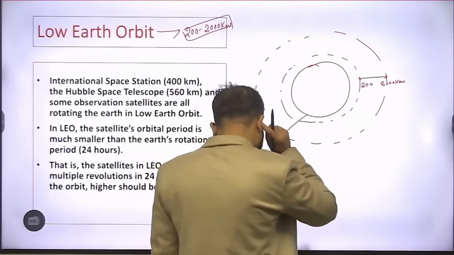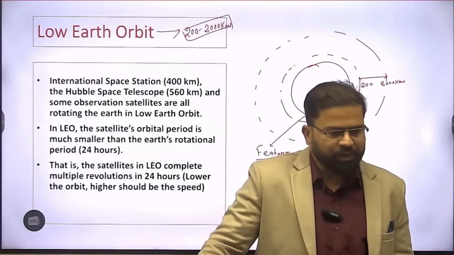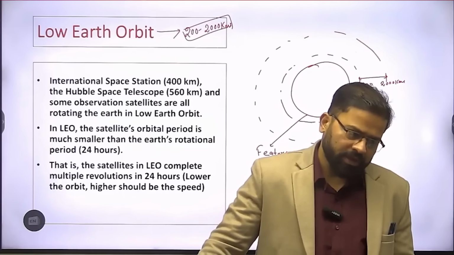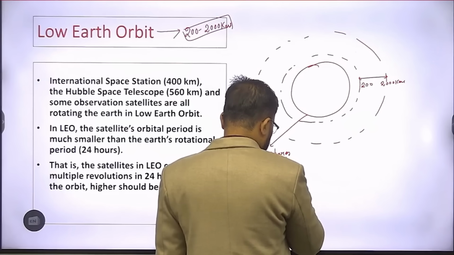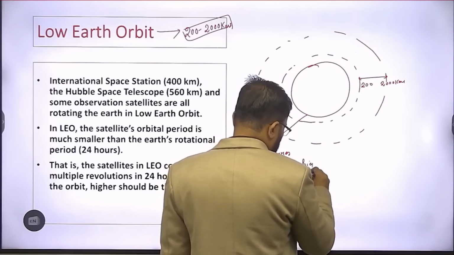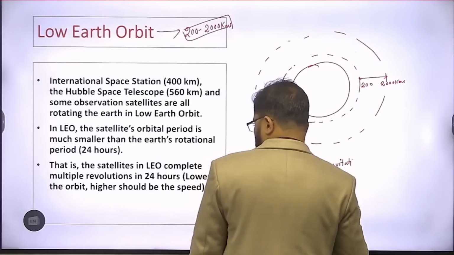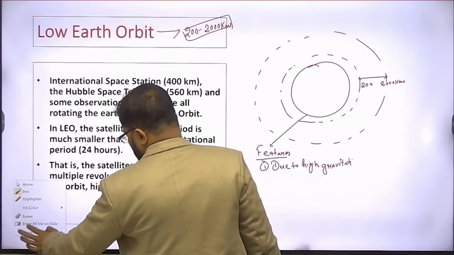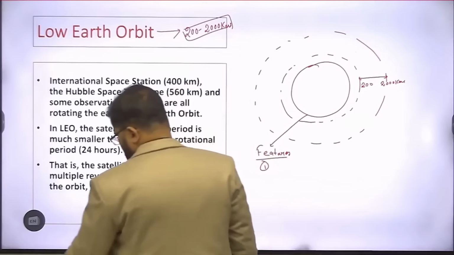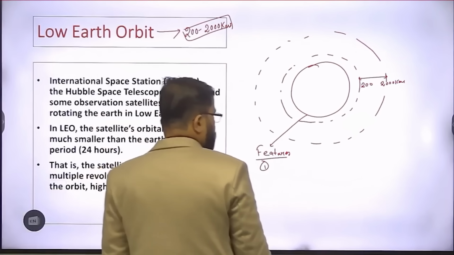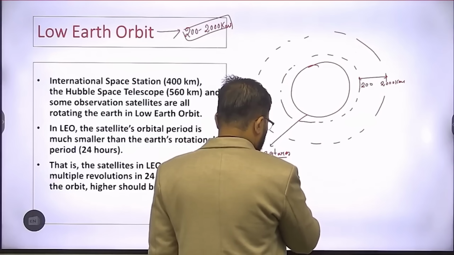First is what? Since at low Earth orbit, what will happen? Earth's gravitational forces are very high, and because of that, orbital velocity will also be high.